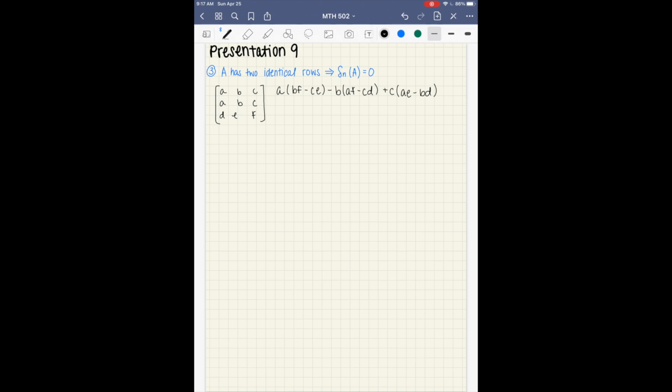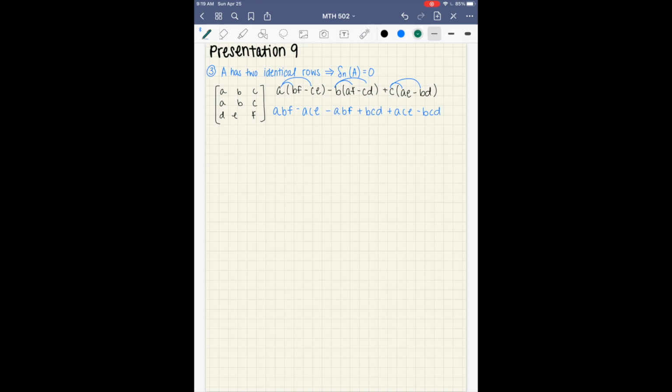We have our alternating signs, our minus then our plus. Now we can distribute what's in front. So we end up with ABF minus ACE minus ABF plus BCD and plus ACE minus BCD.